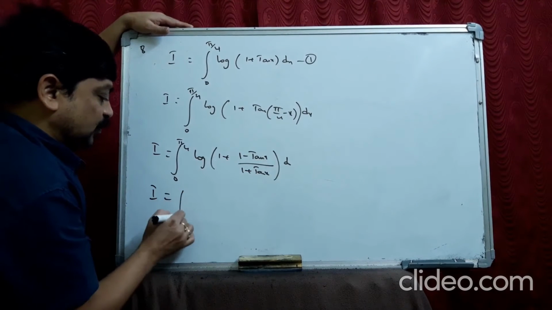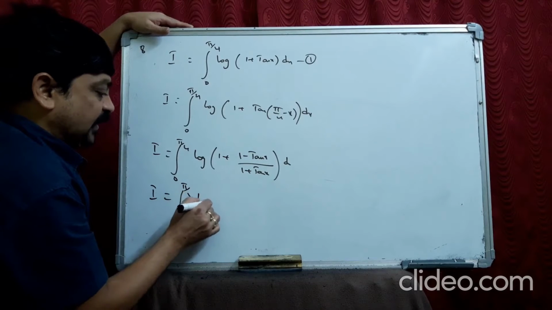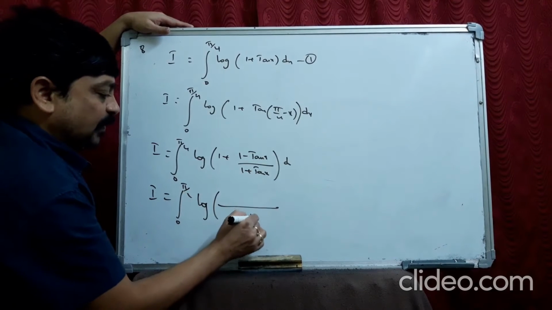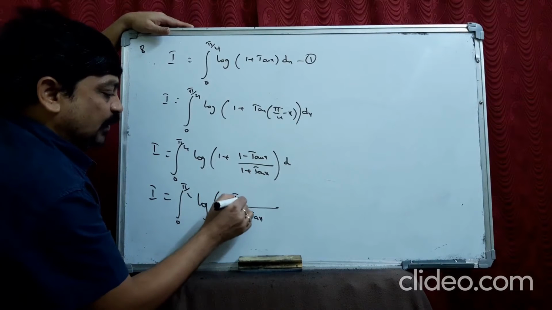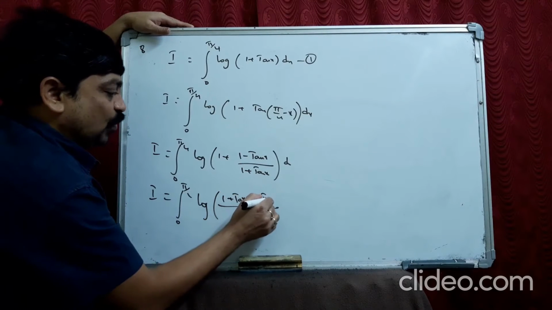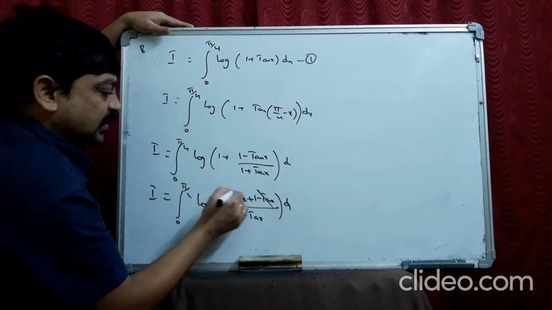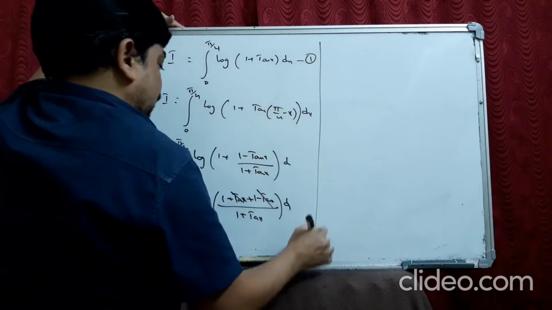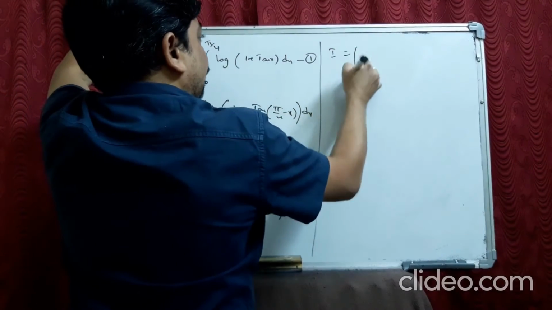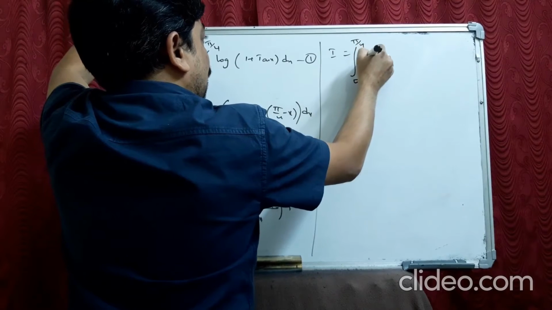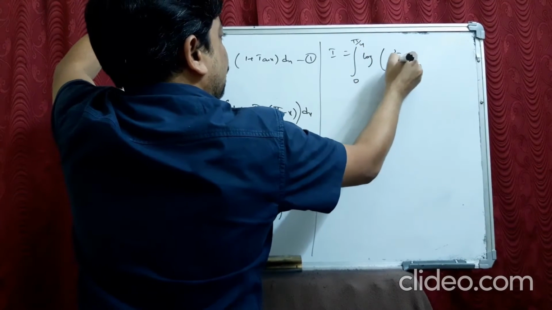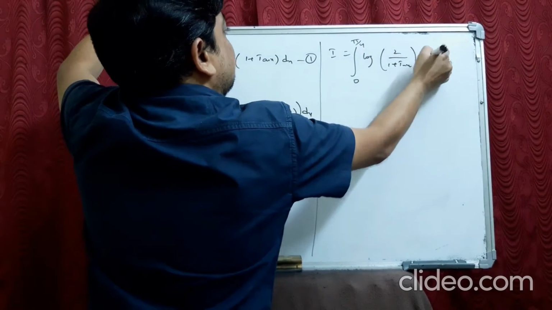So it becomes 0 to pi by 4. When I take LCM, it becomes (1 plus tan x) plus (1 minus tan x). Tan x gets cancelled. So I is equal to 0 to pi by 4 log of 2 by (1 plus tan x) dx.